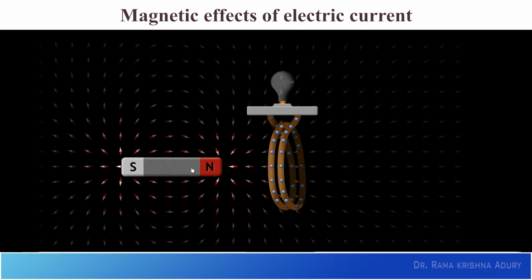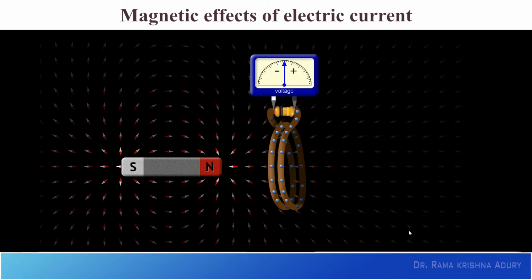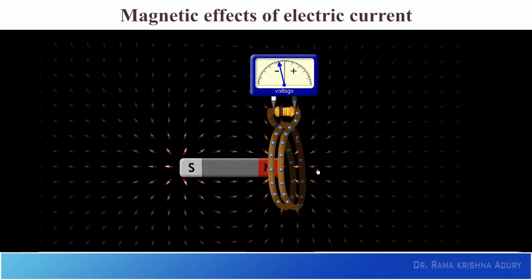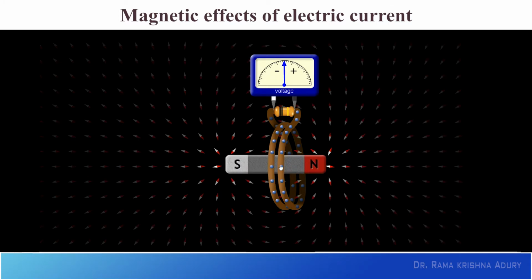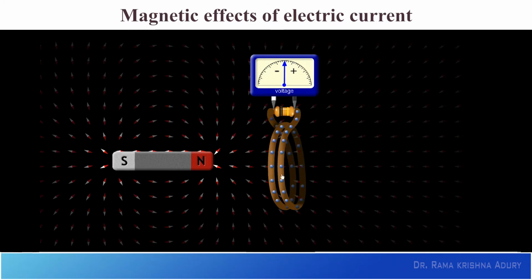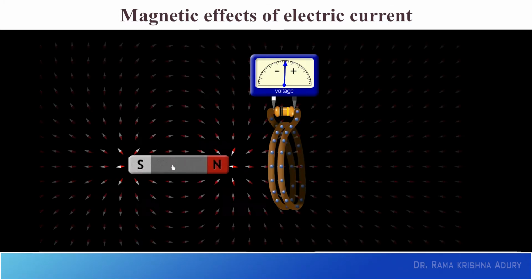And in case you want to check whether current is passing through this coil or not, you can in fact have a galvanometer also. Like now we have a galvanometer, and when you move the magnet this side, it deflects to one side, and when you move it back, to the other side. So when you are moving the magnet inside the coil, you can see the deflection on either side.